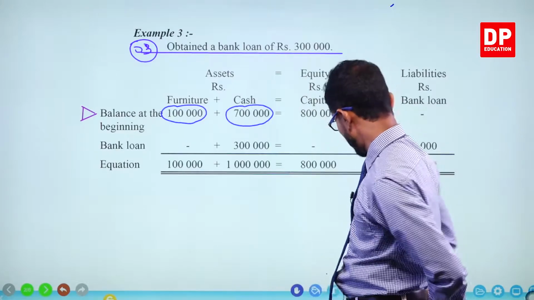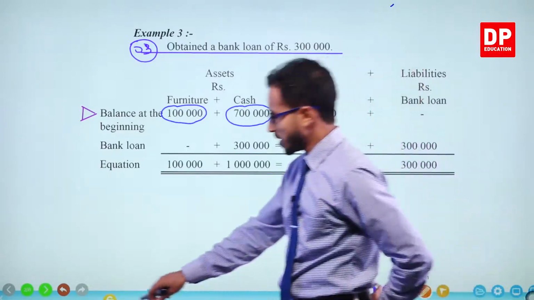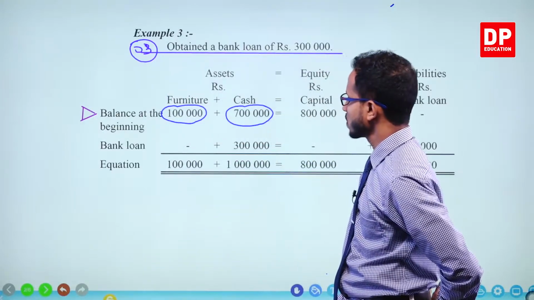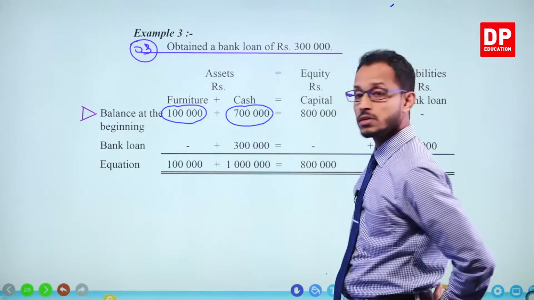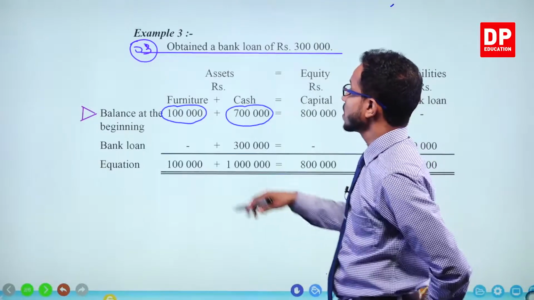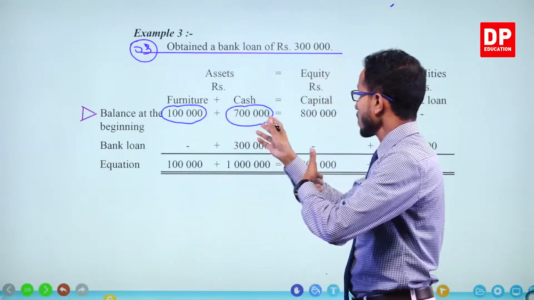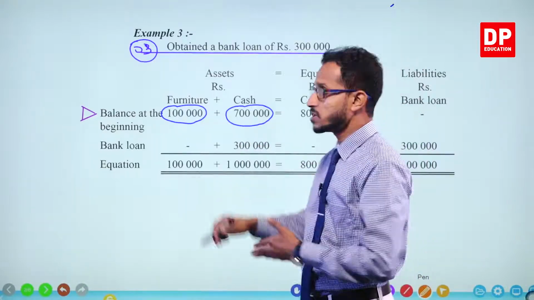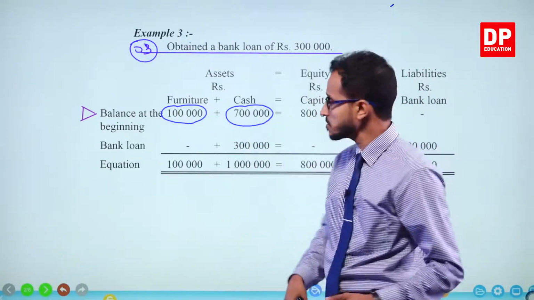Balances come from the previous transactions, right? 700,000 cash remaining in the business. Apart from that, 100,000 furniture is already in the business.